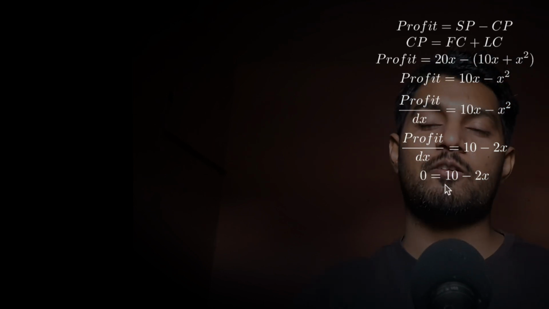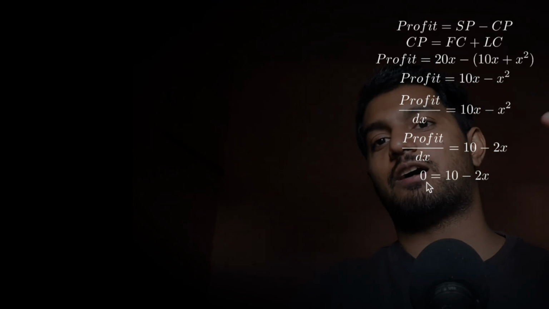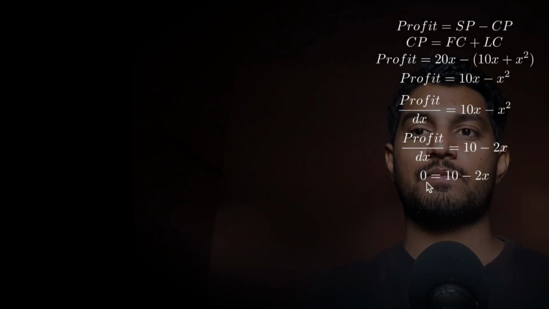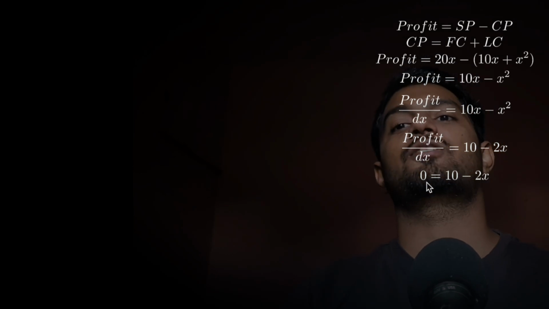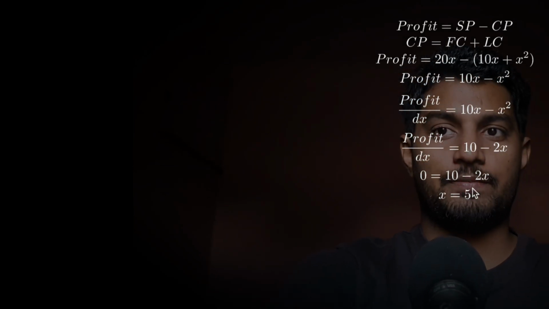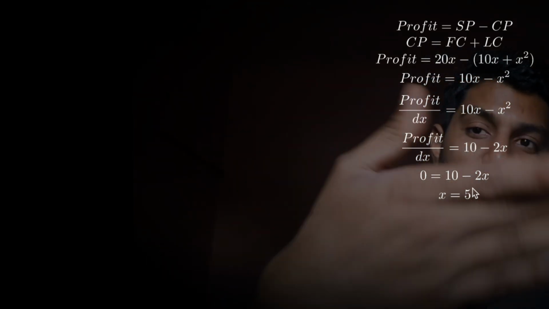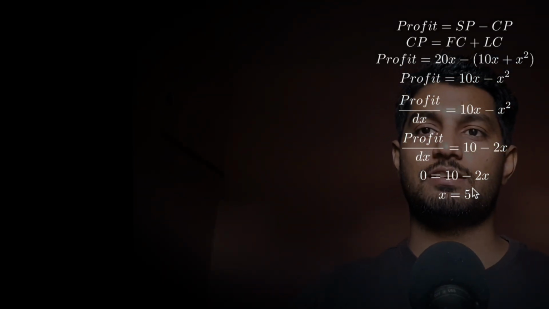But in this case it is a profitable point. So now you have understood how we can find the maximum point. As we know that the derivative at that point will be 0, if you solve this you'll get your x value as a solution. If I solve it, I'll get x equal to 5, right? And this we can also prove using the graph as well. So that way we'll get the solution.